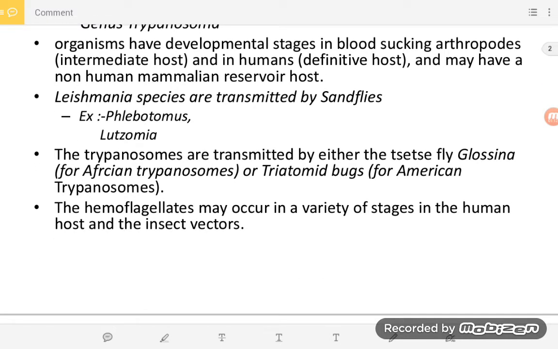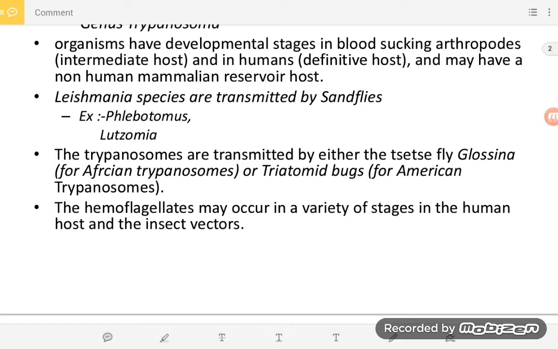Next, the Trypanosoma are transmitted either by the tsetse fly, which we call Glossina. It transmits African Trypanosomiasis. The other vector is the triatomine bug. These transmit American Trypanosomiasis, or Chagas disease.